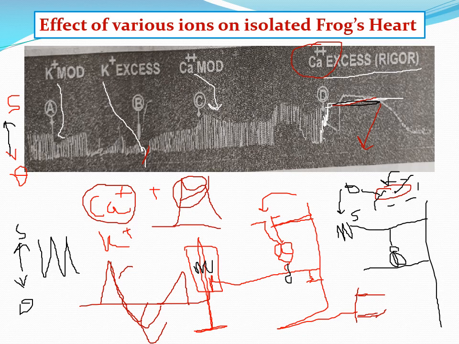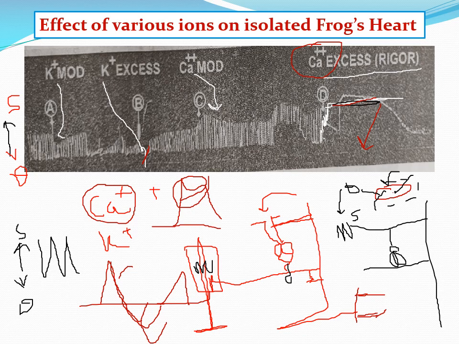Then it is also seen in hyperparathyroidism, and you know the role of the parathyroid hormone in regulation of the calcium level. Then it is also seen in thyrotoxicosis, and in multiple myeloma, for example in blood cancer. This condition can develop.